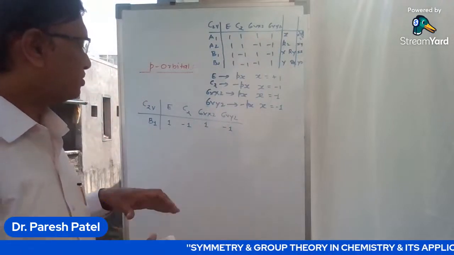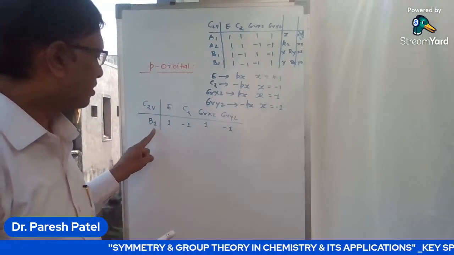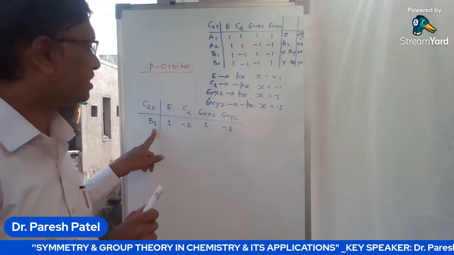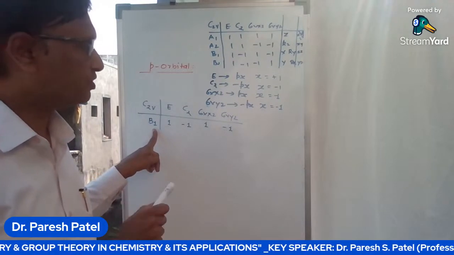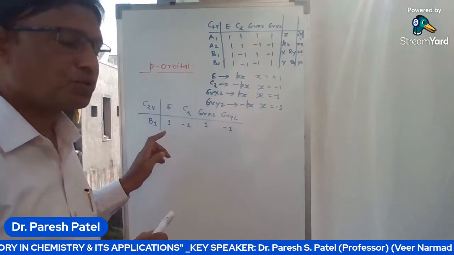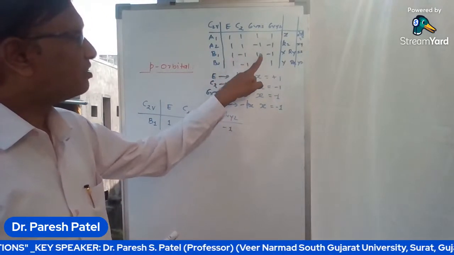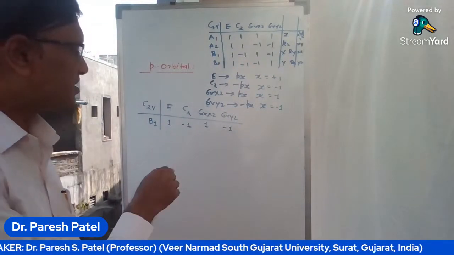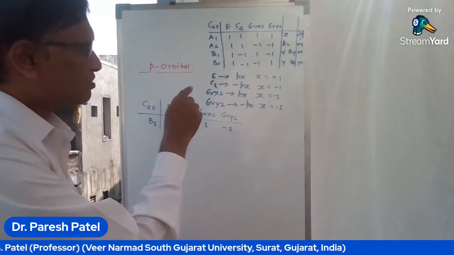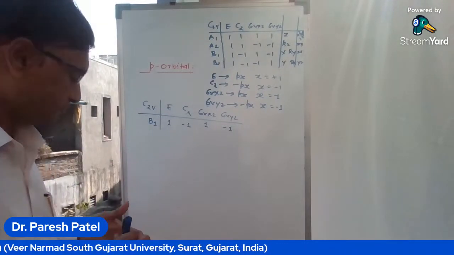So this is the contribution from the px orbital in the bonding skeleton of the oxygen atom of the water molecule. So dear students, we can directly predict from this character table, but this is the confirmation by using group theory.